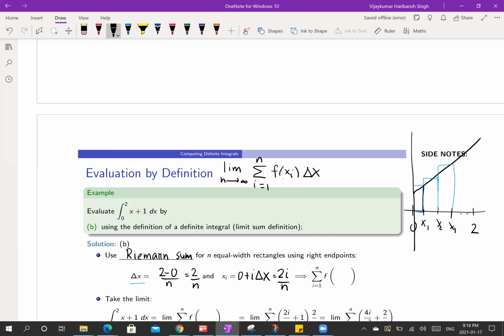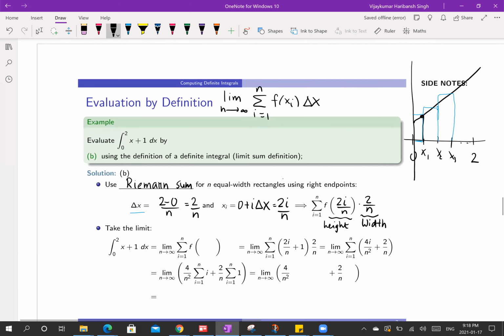So we have summation i going from 1 to n of (2i/n) divided by 2/n. If you think about it, this part gives the height, and the width of each of these rectangles is 2 over n. So now we can take the limit to find the integral.